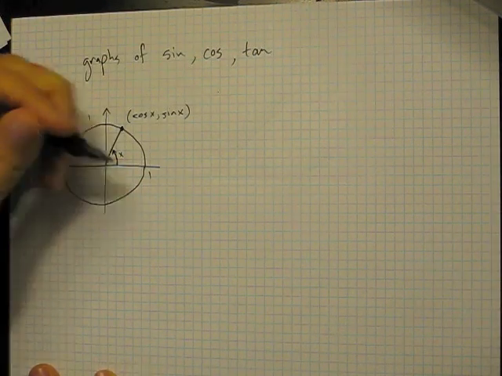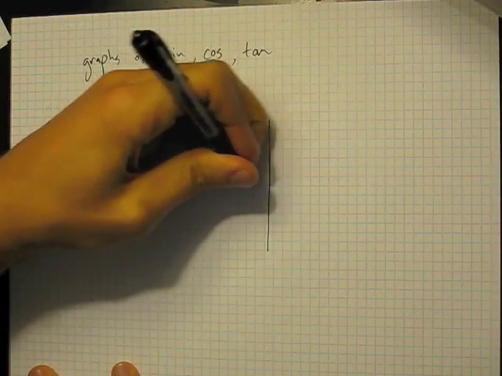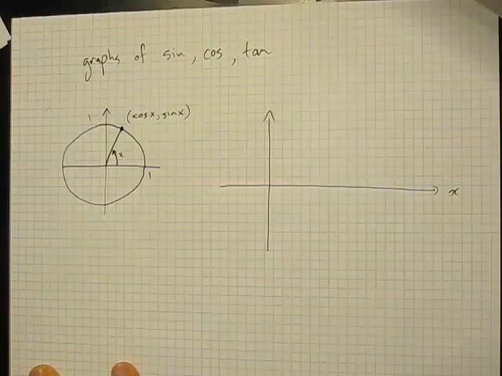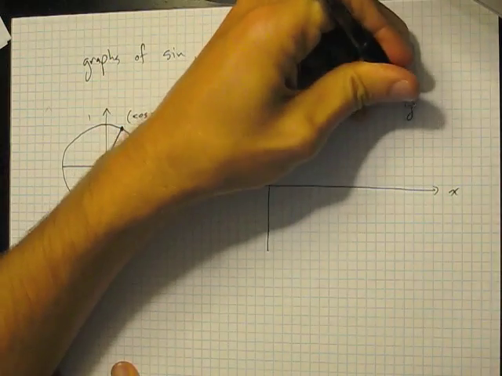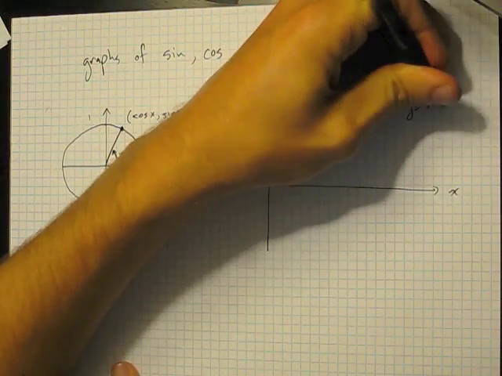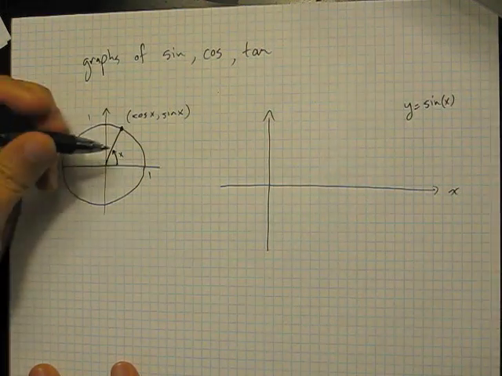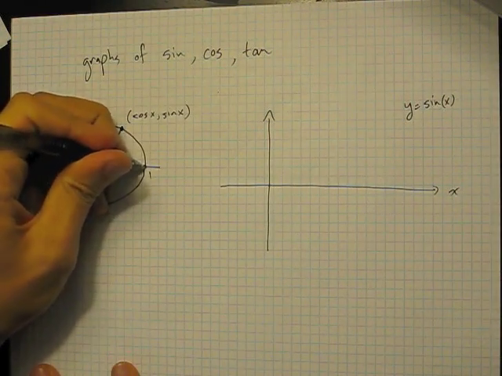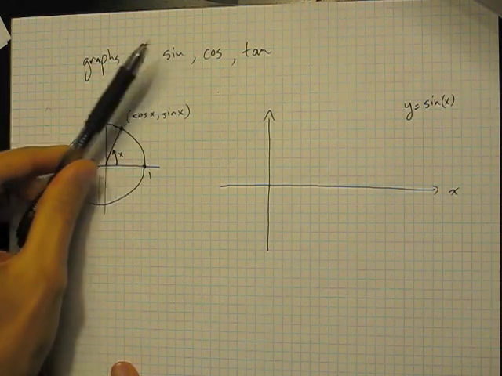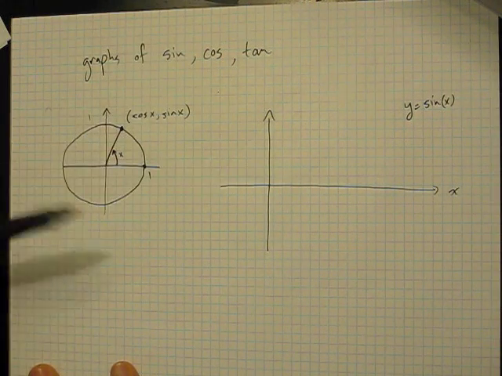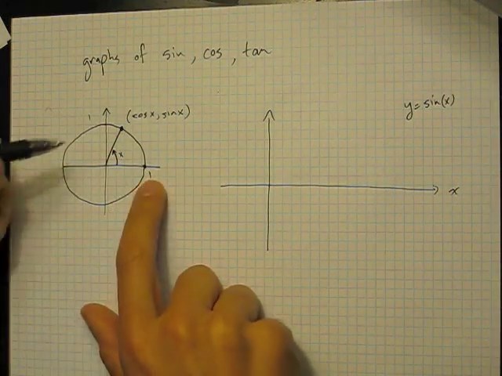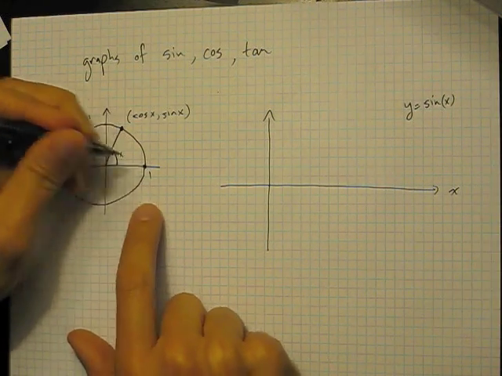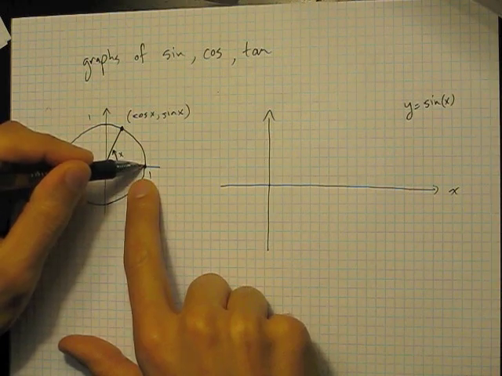Now, if you think about that, let's draw the graphs of, let's say, sine. We'll try sine first. So here's x, and then we're going to draw the graph of y equals sine of x right here. So starting off, when x is equal to 0 at this point, that would be an angle of 0. So you see this bar would be pointed in the direction of the positive horizontal axis. And so the sine value would just be the y-coordinate right here.